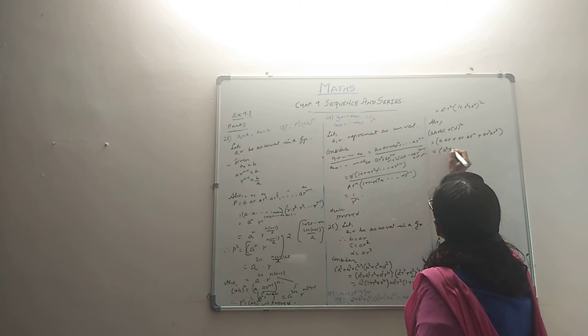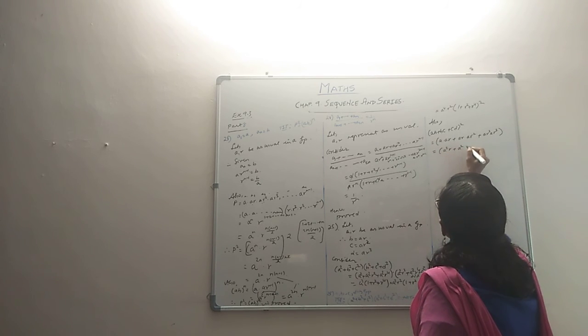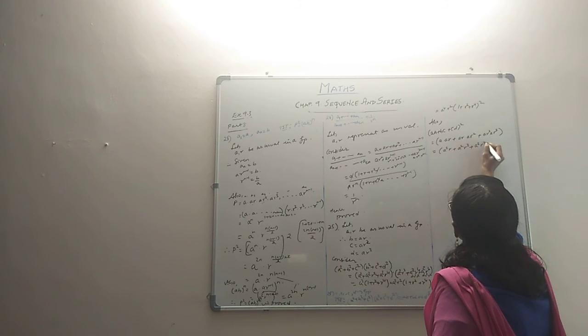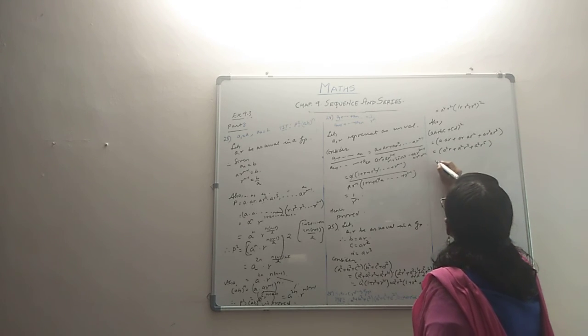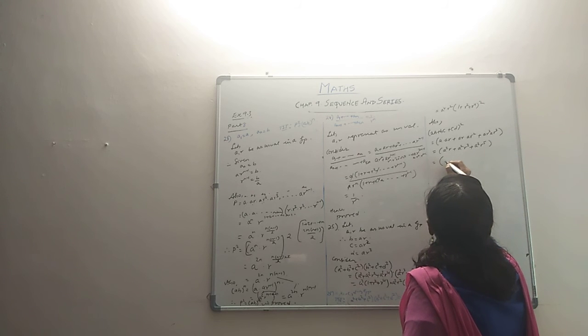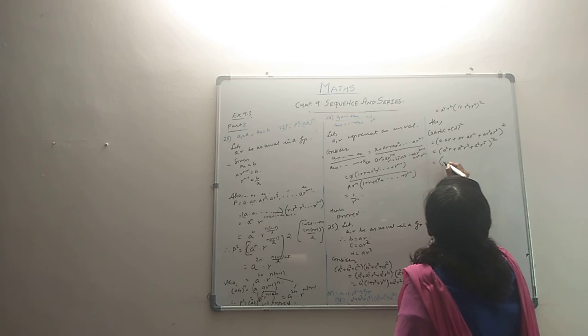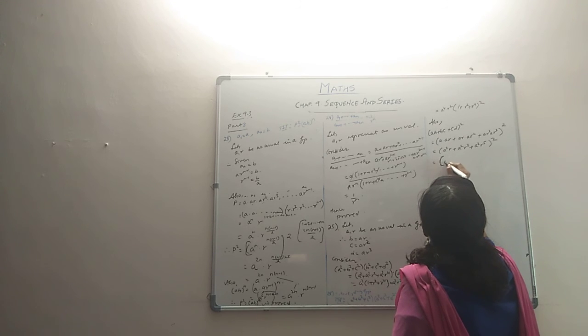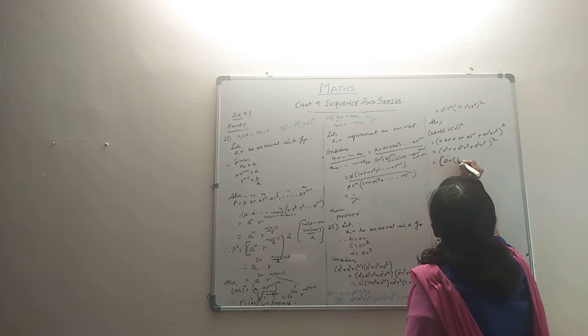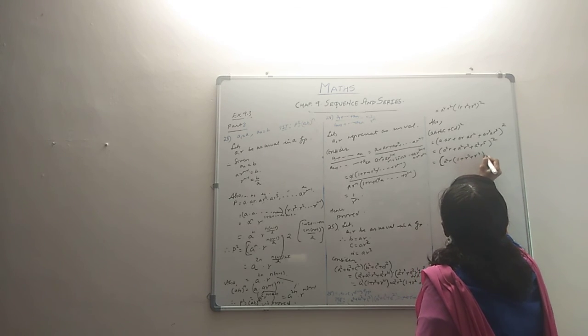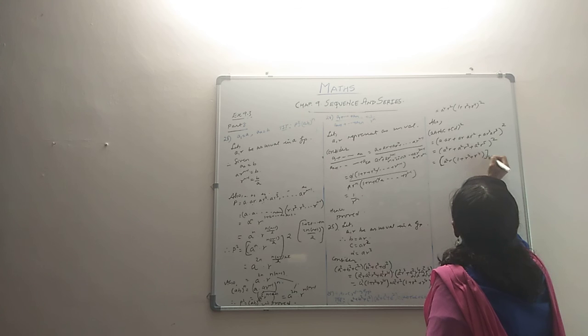This is a squared r, a squared r cubed, a squared r raised to 5. Squares are there, okay. So take a squared r common. We'll be left with 1 plus r squared plus r raised to 4 whole square.